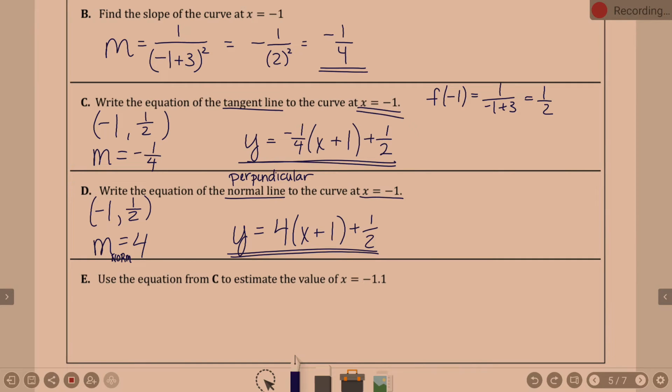I'm trying to think. And I'll figure it out as I go here. So if we're trying to find f of -1.1, as I said, we're using this answer from C. So now, -1.1 is a decimal. So we can change it all and think decimals, or we can think fractions. I'm not sure which is better here. But you could say -0.25 times (x plus 1) plus 0.5, so -1.1 plus 1. There's a little bit more that we're going to talk about besides just estimating here.